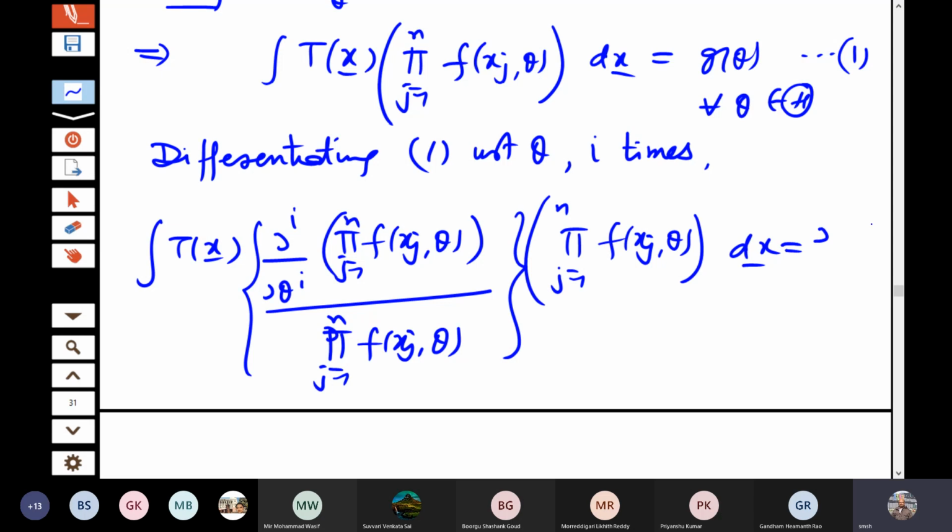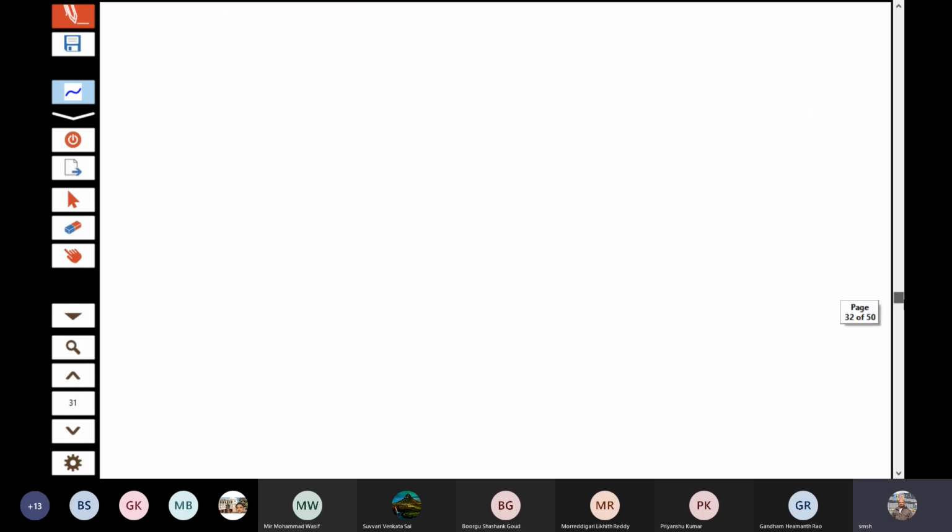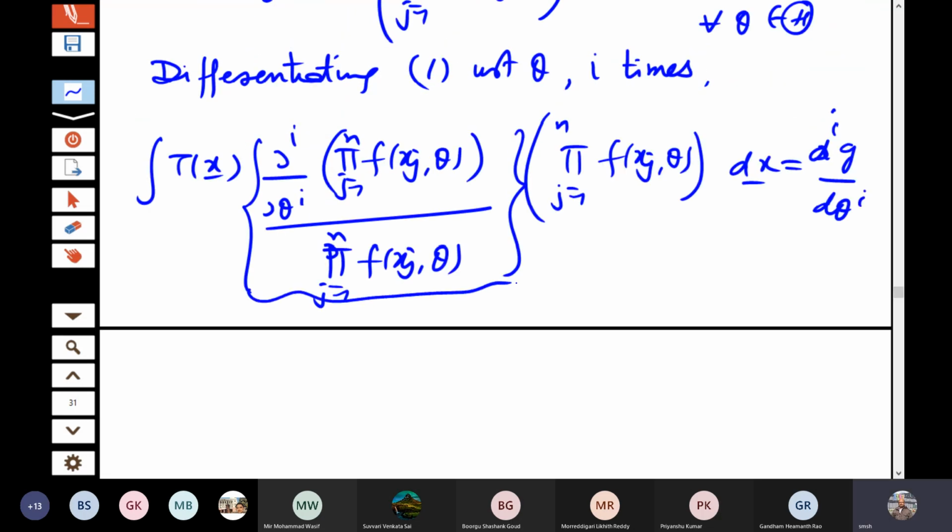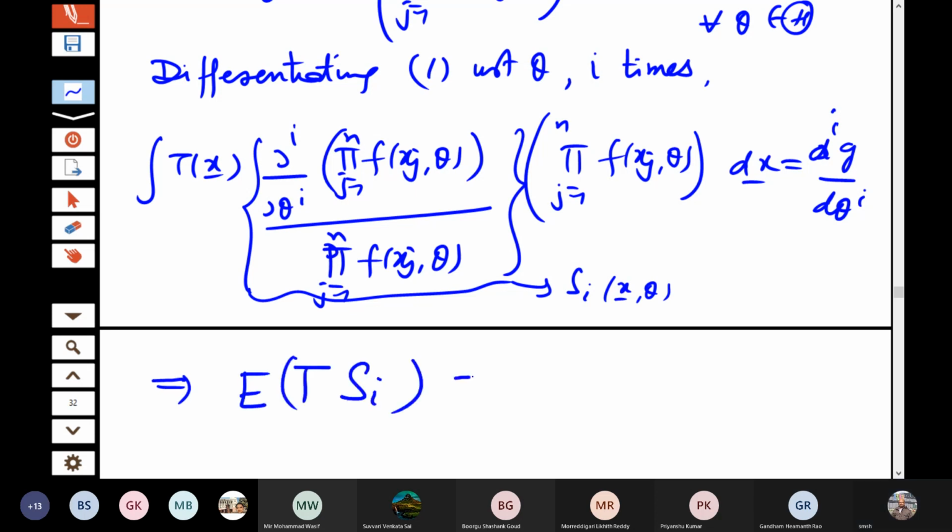That is equal to del I g by d theta I. So the left hand side, this term is nothing but Si x theta. So this is nothing but giving you expectation of T into Si, that is equal to, basically this term is nothing but eta I. That is what I have written there.